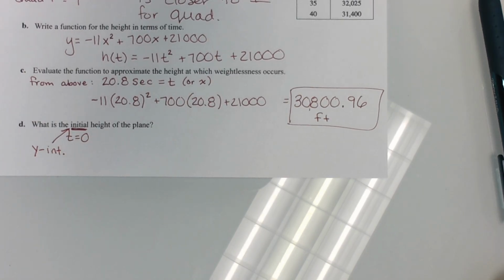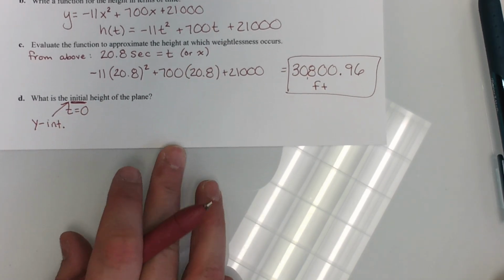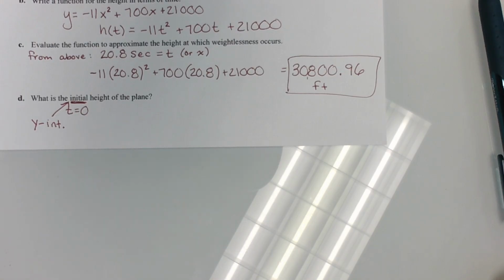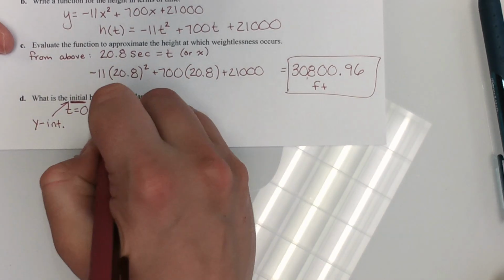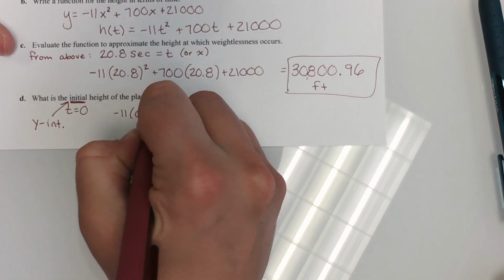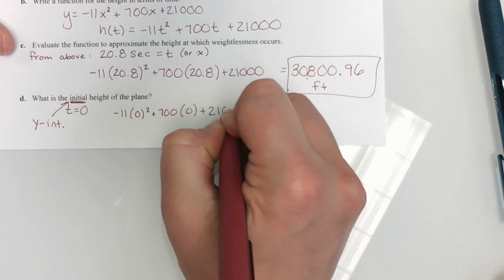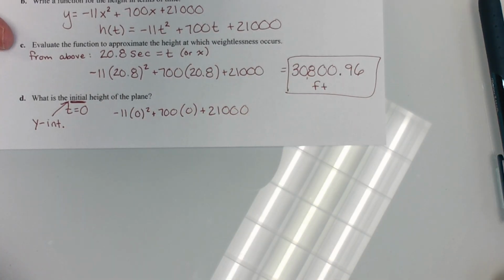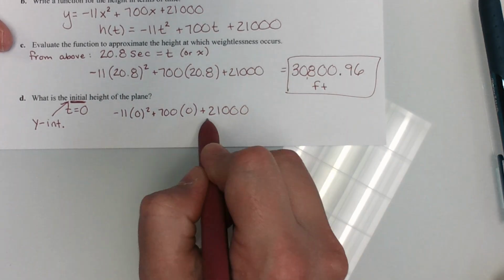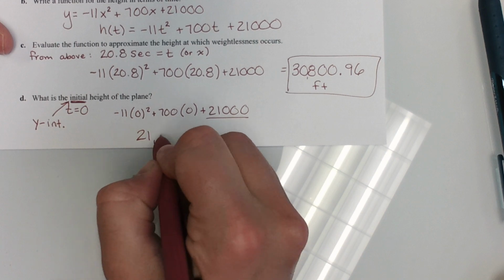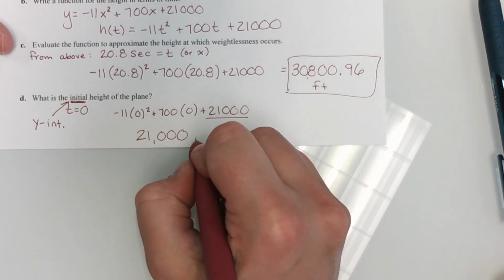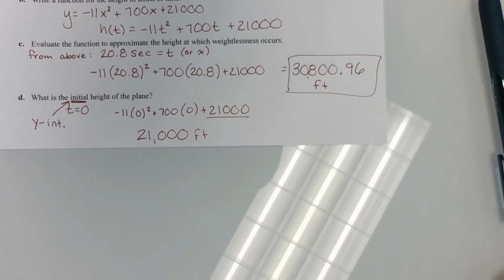And at the y-intercept, your input, your x, or in this case t, is 0. If I know time is 0 and I have an equation, how can I find the height? Plug in 0. But this is in standard form. And in standard form, when I plug in zeros, the only thing that is ever going to be left is C. This maneuver started at 21,000 feet.